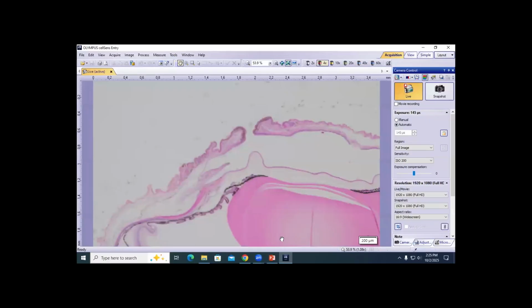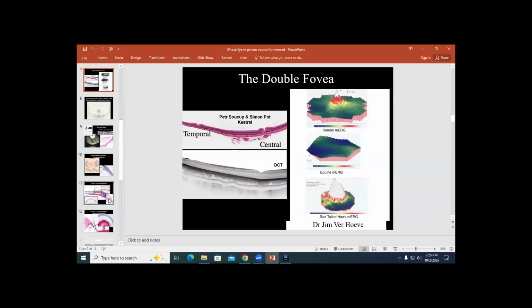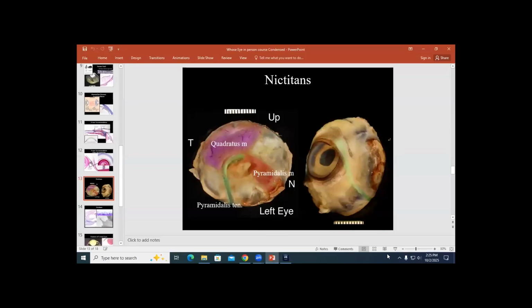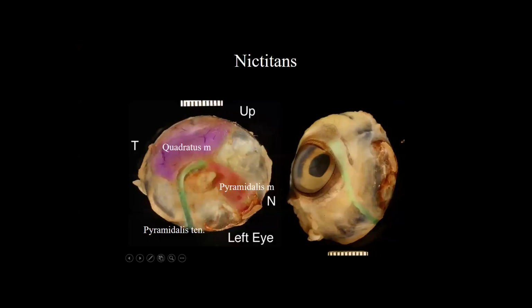So why don't you put the picture? So this happens to be an eagle, and I've false colored the tissues involved. Here's that quadratus muscle again, and I've opened up, here's the tenosynovium that I showed in the hummingbird.